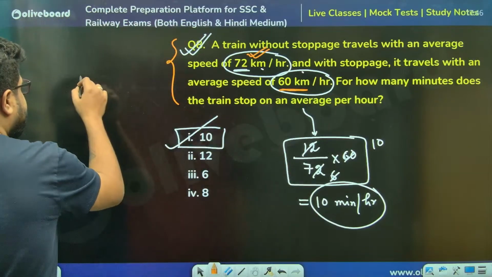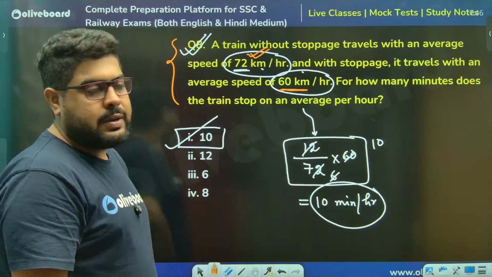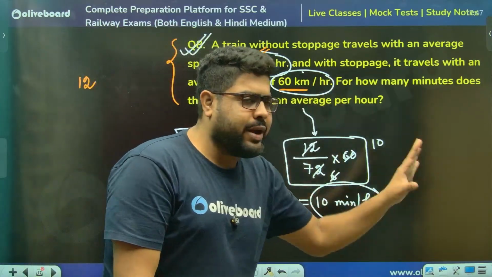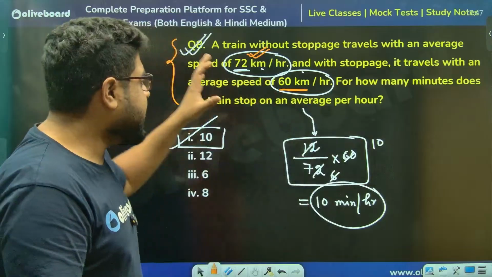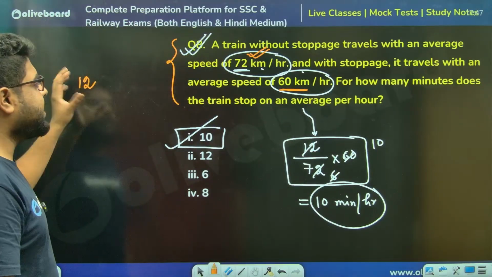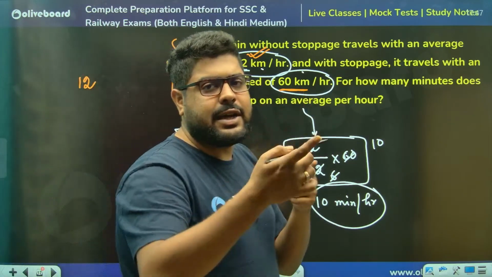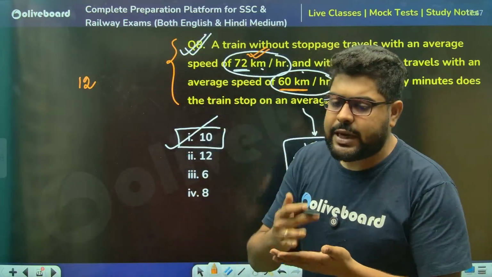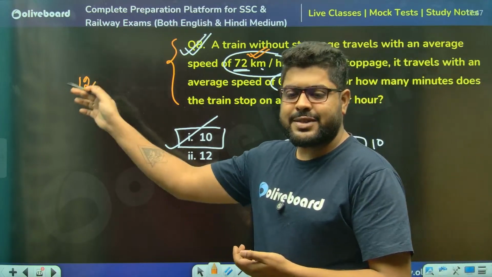You will say, sir, it has traveled 12 kilometers less. That means for whatever time it takes to travel 12 kilometers, for that particular amount of time the train was stationary. Now how much time does it take?